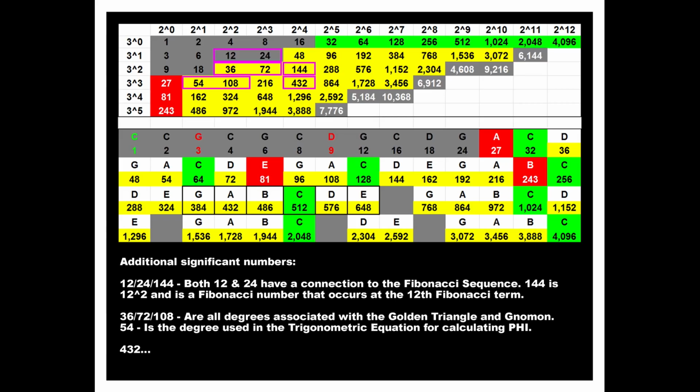Both 12 and 24 have a connection to the Fibonacci sequence. 144 is 12 squared and is a Fibonacci number that occurs at the 12th Fibonacci term. 36, 72, and 108 are all degrees associated with the golden triangle and golden gnomon. 54 is the degree used in the trigonometric equation for calculating phi. And then, of course, we have 432.